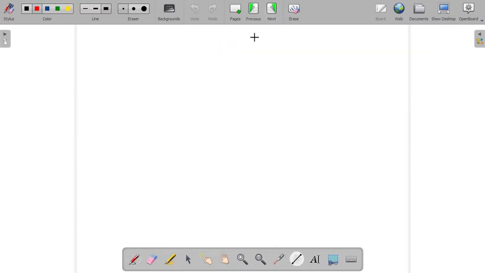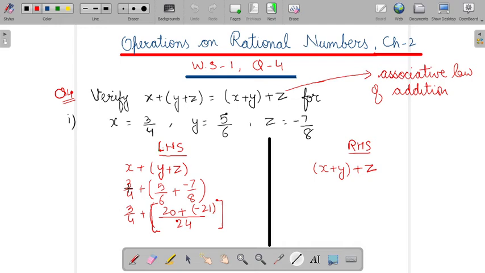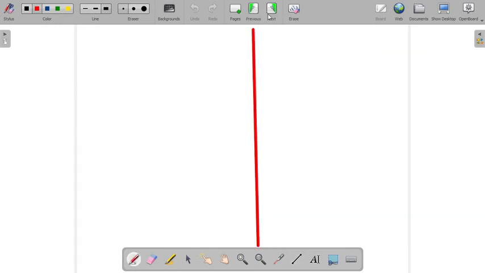Again we will take LHS and RHS separately. First we will solve the LHS. So it will be 3 by 4 plus, in the bracket, 20 minus 21 over 24.